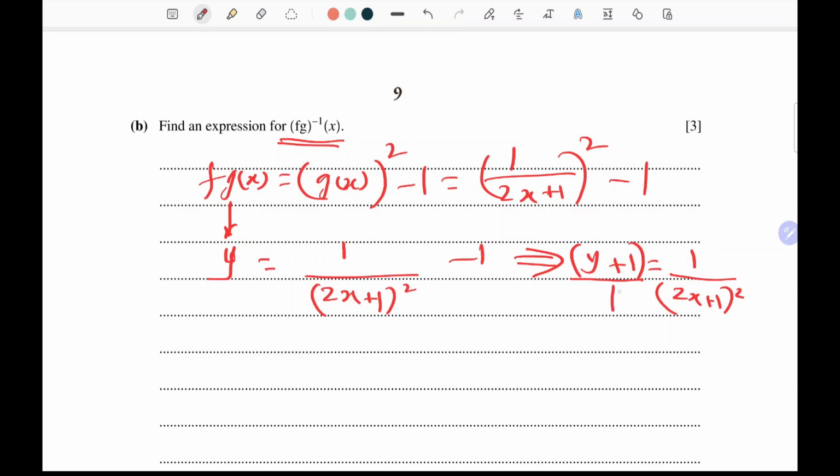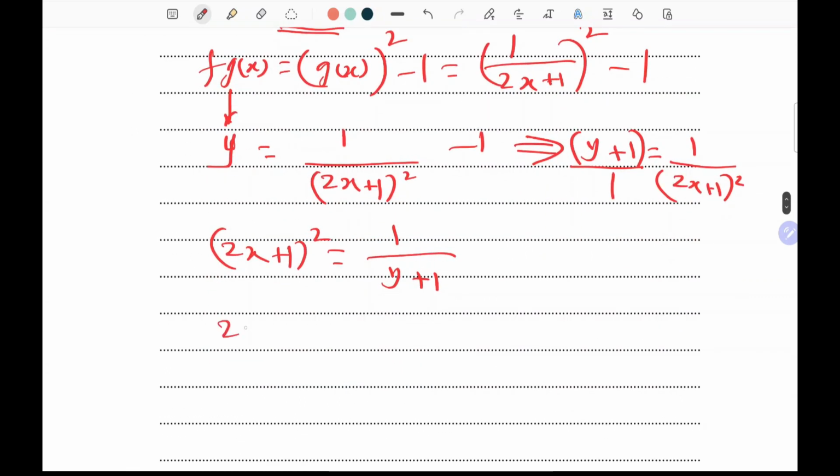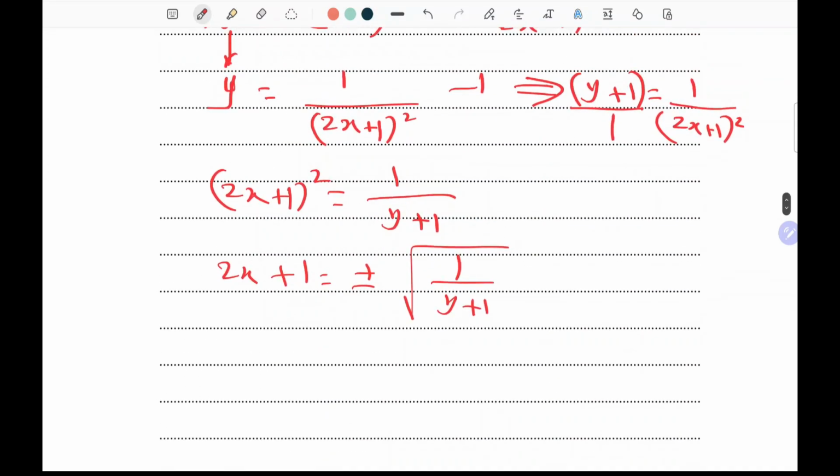So I can write (2x plus 1) whole squared equals 1 over y plus 1, right? And then 2x plus 1, you know that plus minus we have to apply, 1 over root y plus 1. So from here we will get 2x is minus 1 plus minus 1 over root y plus 1.